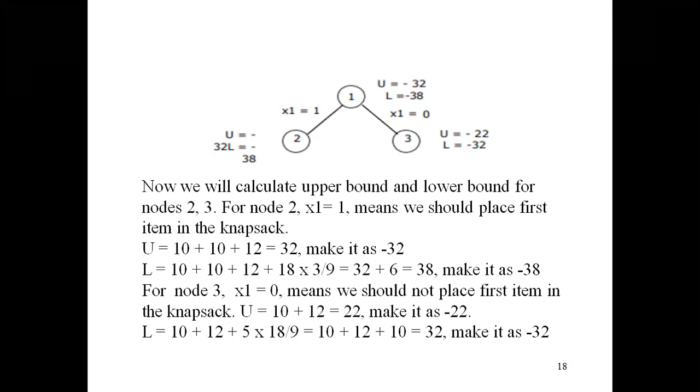So we subtract out of the capacity of the bag, that is 15 minus 10, that is 5. So 5 multiplied by 18 divided by 9, you will get 10. So total 32, make it minus 32. Now the upper bound at node 3 is minus 22 and the lower bound is minus 32.